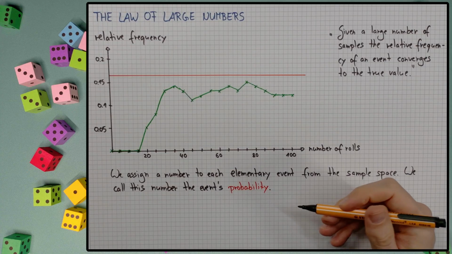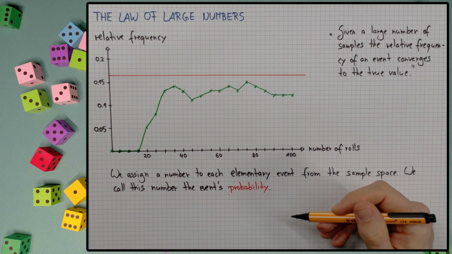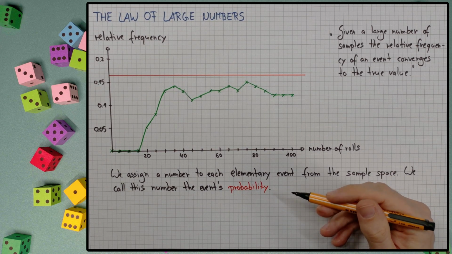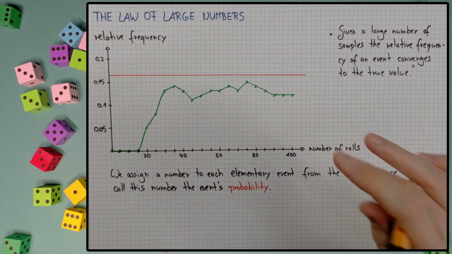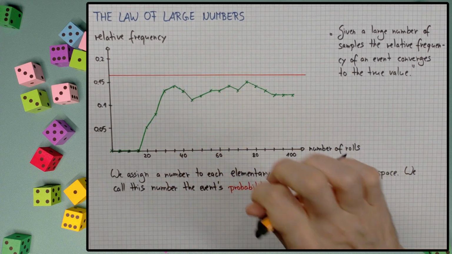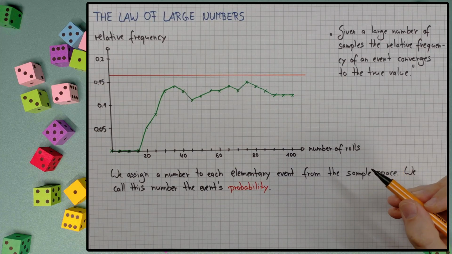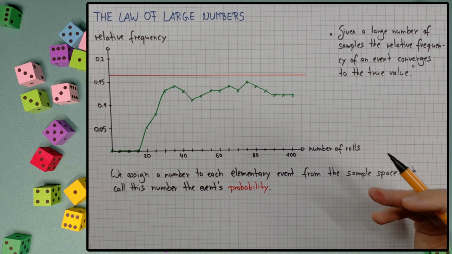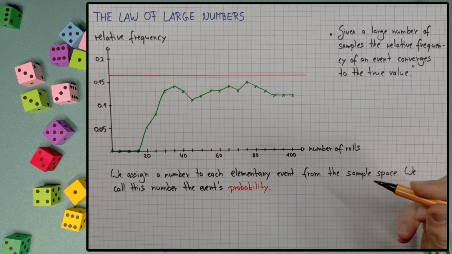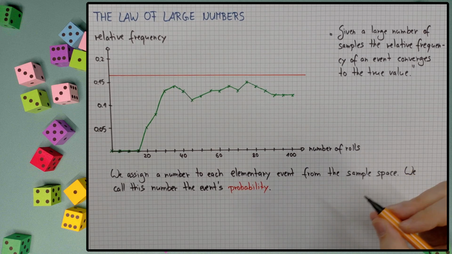So, which number do we use? Of course, we cannot just make that number up. We're going to use the number that the relative frequency converges on, once we've done lots and lots of rolls, once we have a large number of samples.